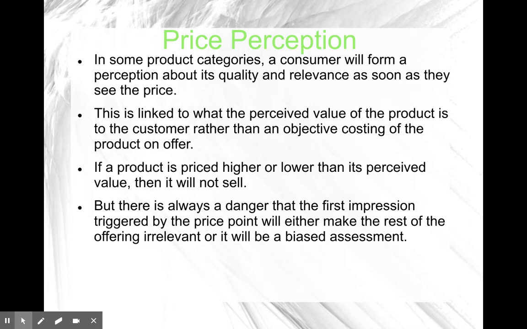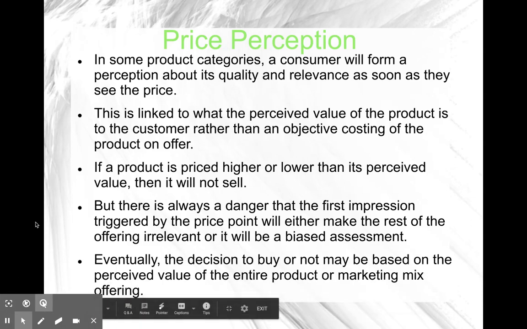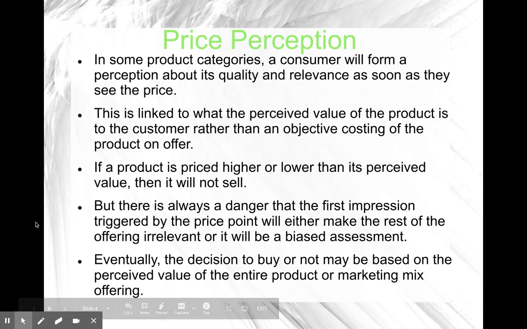Some people might look at the price and that's all they're going to look at. Some people might look at the quality and say, okay, well, since it has quality, it might be worth it. Everybody looks at things a little bit different. And then the last one I believe for this slide, eventually the decision to buy or not may be based on the perceived value of the entire product or marketing mix offering. Again, our perception of what something is worth. Is it worth $50?